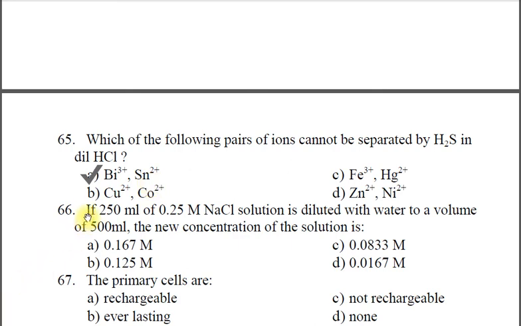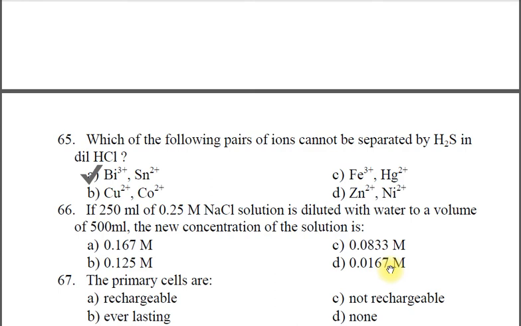Question number 66. A numerical, so do the solution at your end. If 250 ml of 0.25 molar NaCl solution is diluted with water to a volume of 500 ml, the new concentration of the solution is 0.167 molar, 0.125 molar, 0.0833 molar, 0.0167 molar.